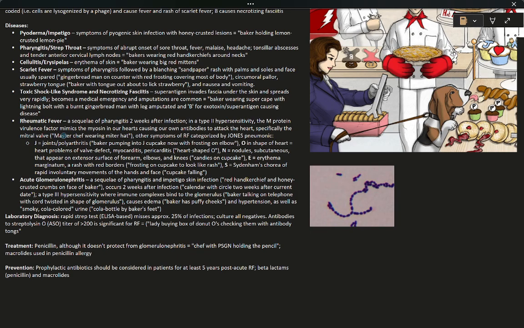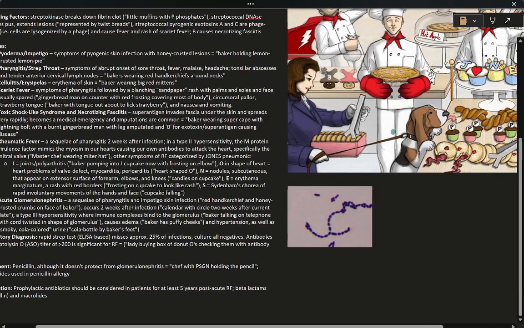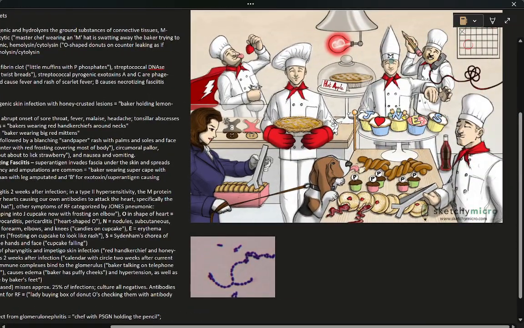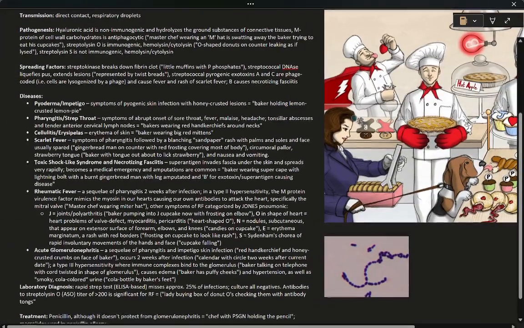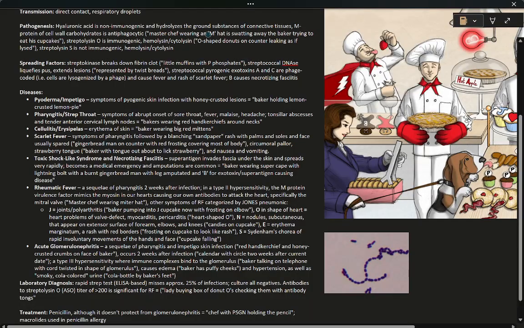So to remember this, think about the master chef wearing the M hat, that's what the letter M could stand for.